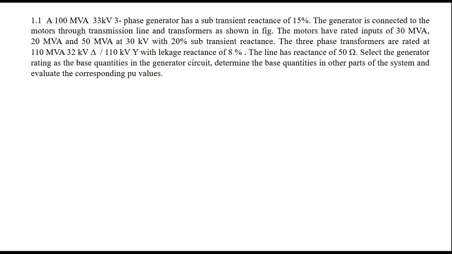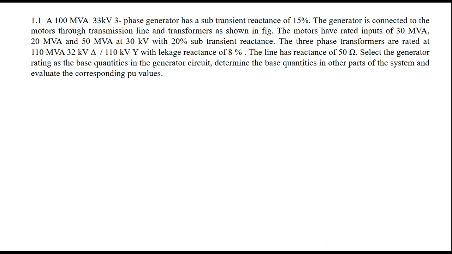There is a 100 MVA transformer at 33 kilovolts with a reactance of 15%, which is connected to 3 motors having capacities of 30 MVA, 20 MVA and 50 MVA, operating at 30 kilovolts with a 20% subtransient reactance.